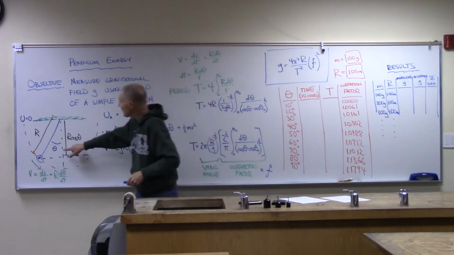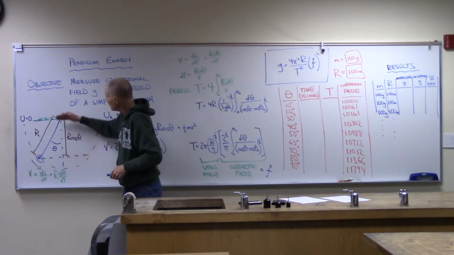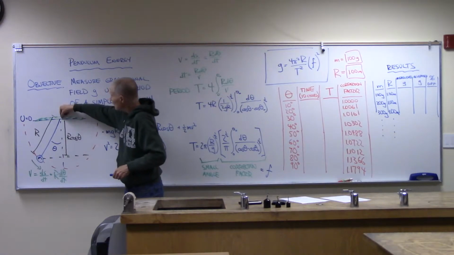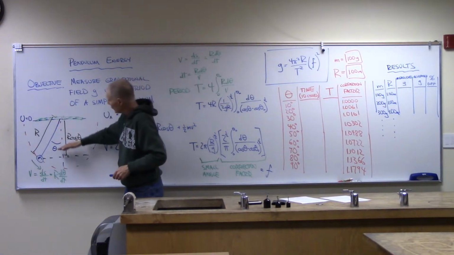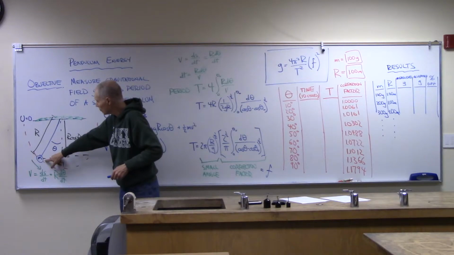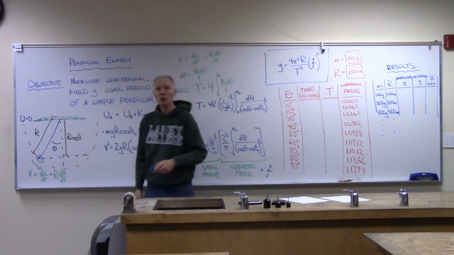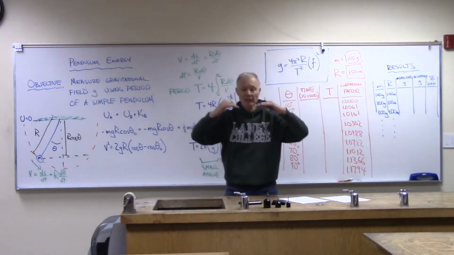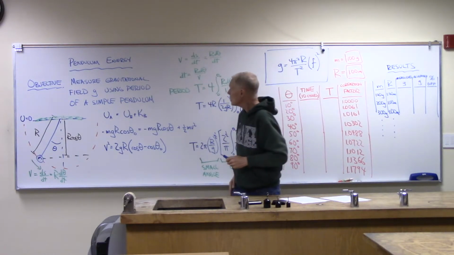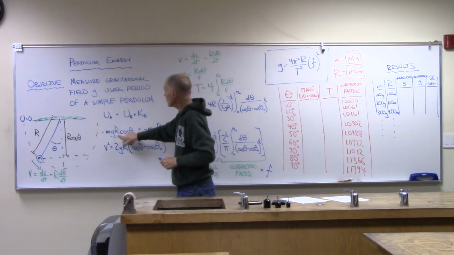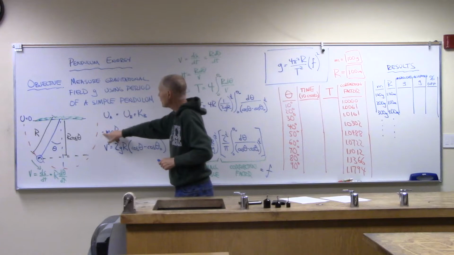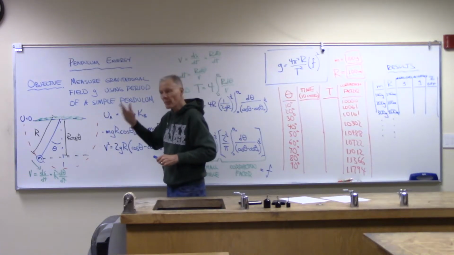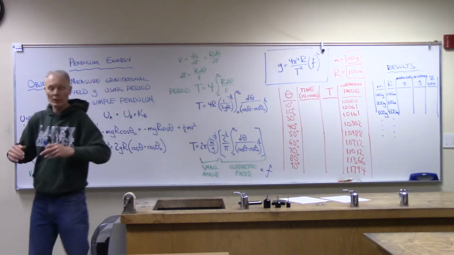But for any given value of theta, the distance from the zero point down to where the pendulum is at that moment is given by r cosine theta. That's how much of an elevation drop we have. So the potential energy can be written as mgh, where h is r cosine theta, and we have to put a minus sign out front to remind ourselves we're in negative territory here.